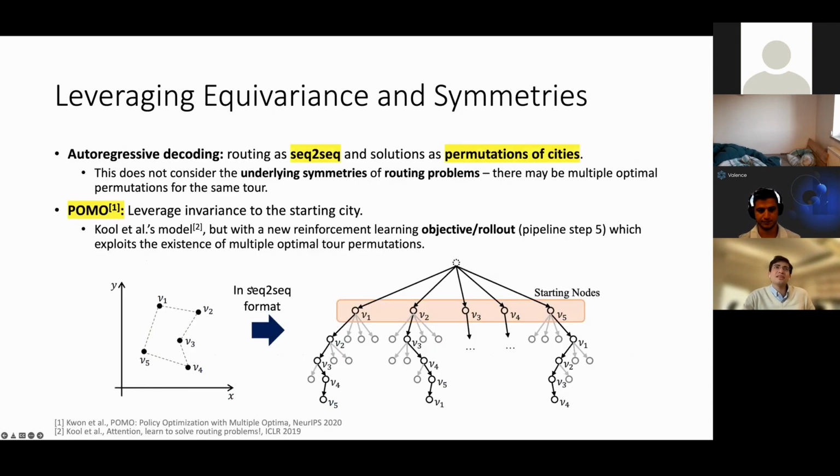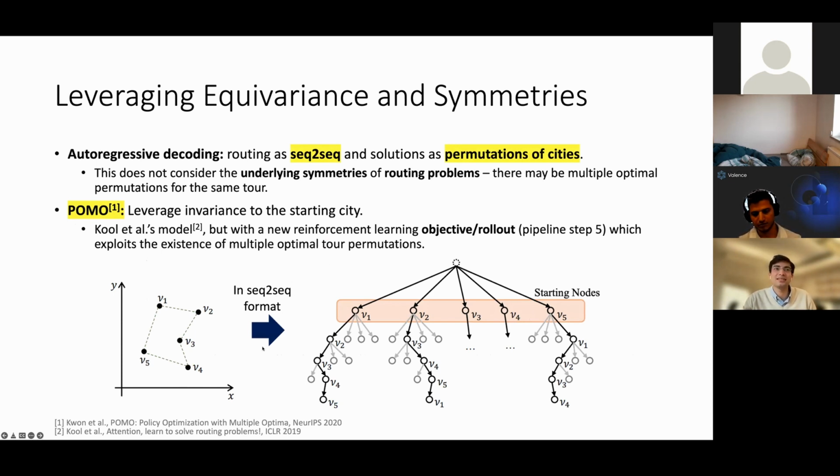So the first big recent idea in this field is leveraging equivariances and symmetries. We talked about this at the very start. In general, if you think about the autoregressive decoding techniques, you're casting a sequence to sequence problem, and your solution is a permutation of cities. But this ignores a certain symmetry about routing.